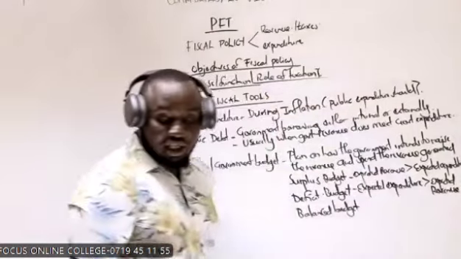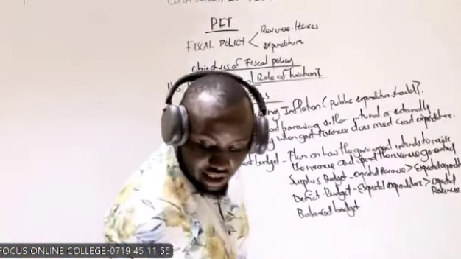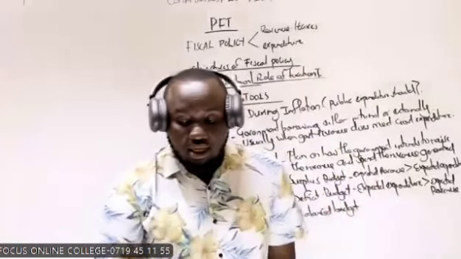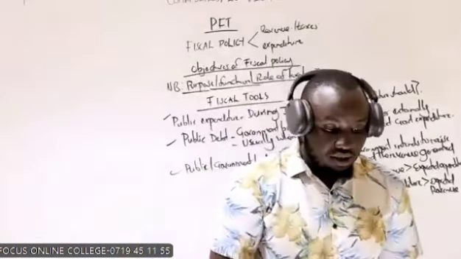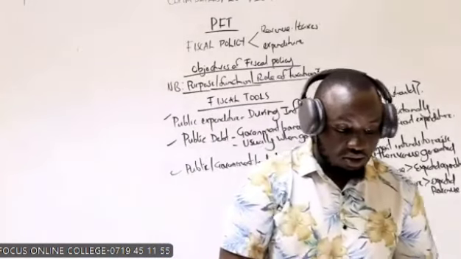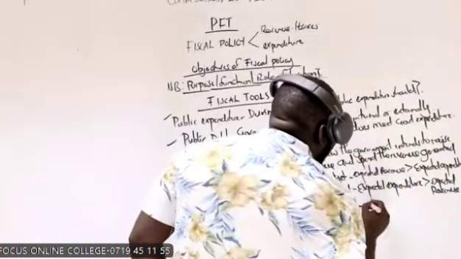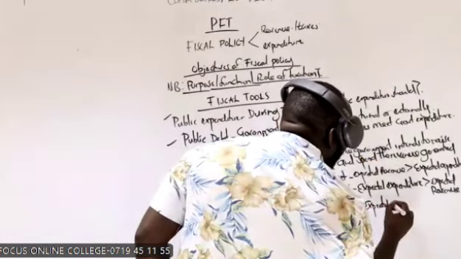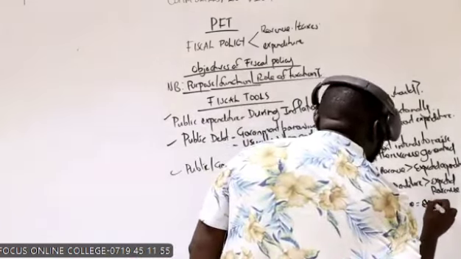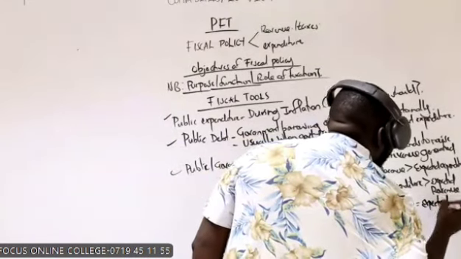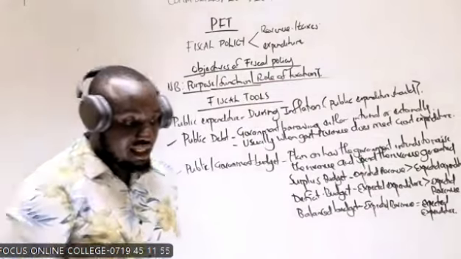What about a balanced budget? Expected revenue is equal to expected expenditure. That is what you call a balanced budget.